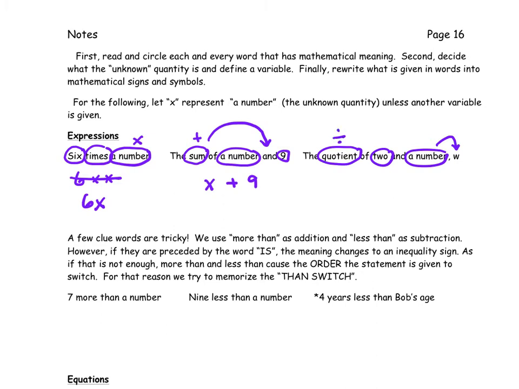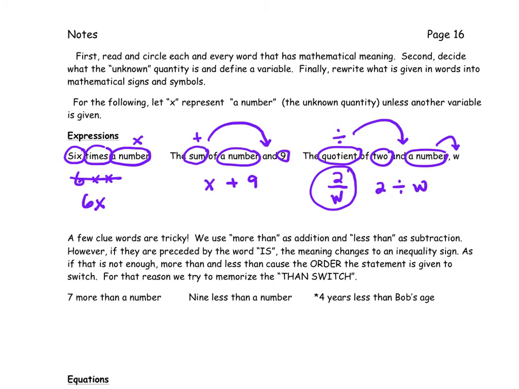This is another case where the quotient means that we're dividing, but I want to insert that where the word "and" is. And the high school way to write this, from top to bottom, they give me 2 first, so 2 divided by w. We could also write it this way, but since we're trying to work on writing and seeing it the high school way, we'll choose to write it that way.